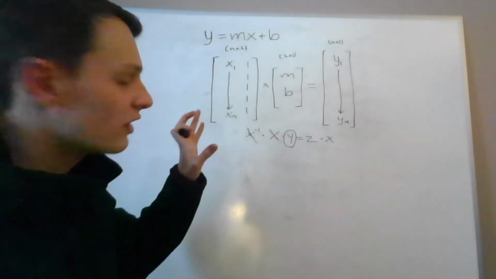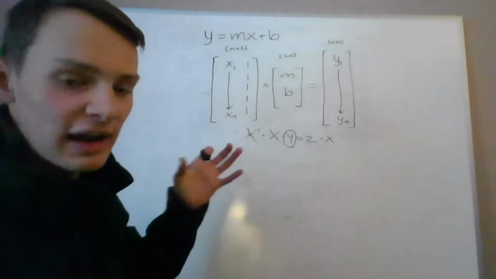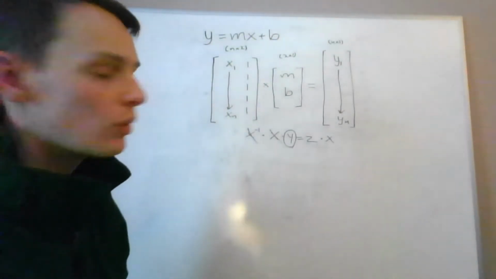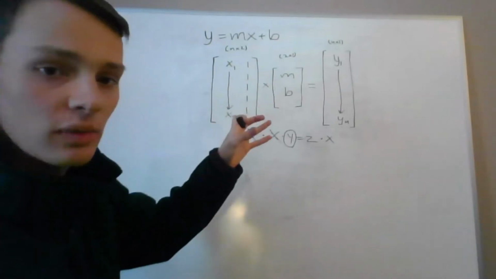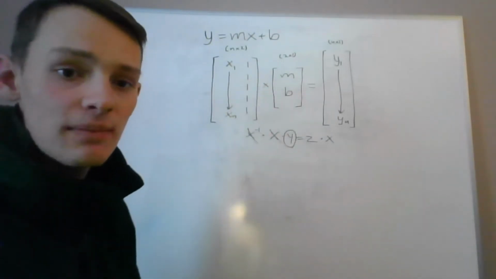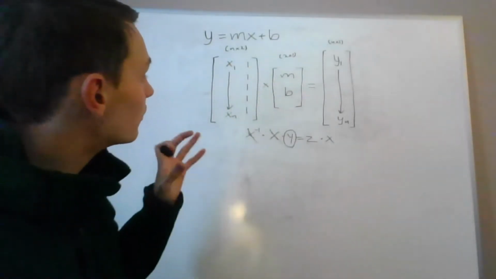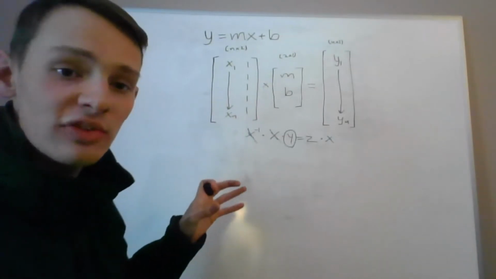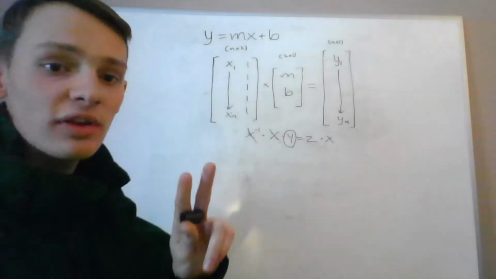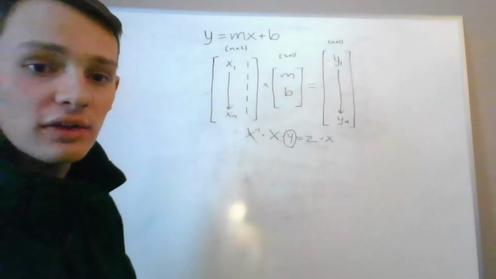What we're going to do with the matrices is something quite similar. But instead of just canceling out variables and isolating a single variable, we're trying to find the value of the unknown coefficients m and b by setting up a linear system of equations such that we have 2 equations for our 2 unknown values.